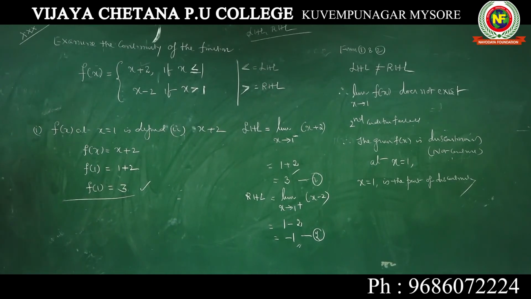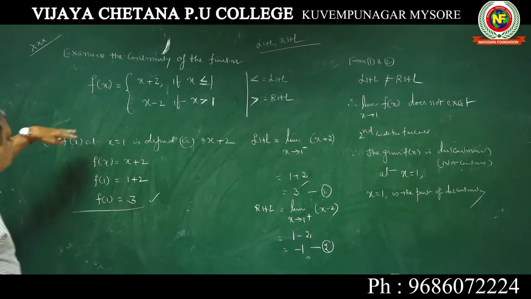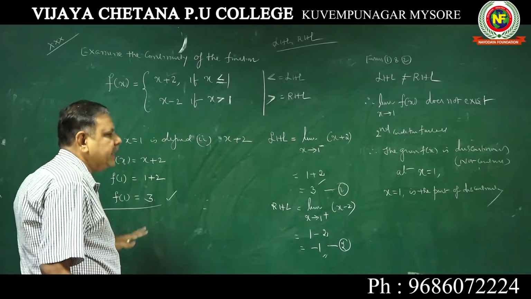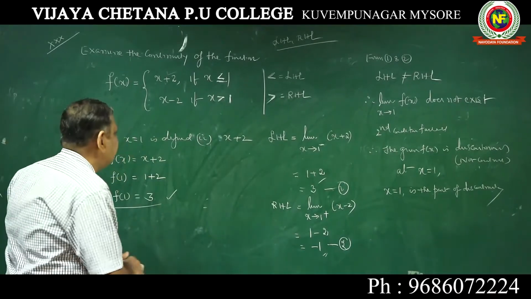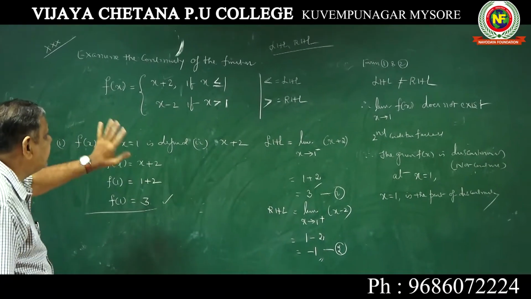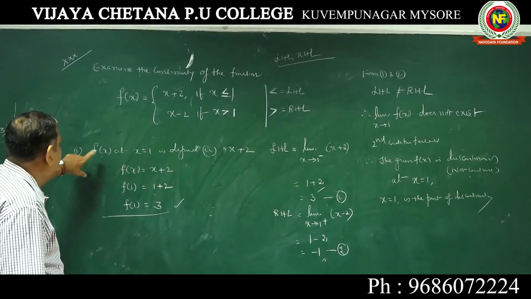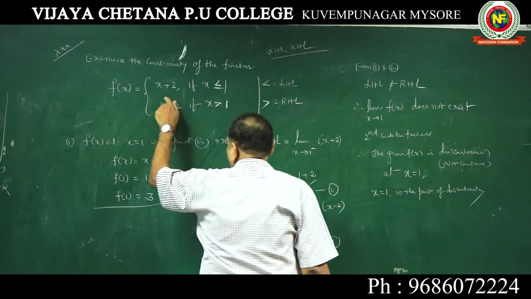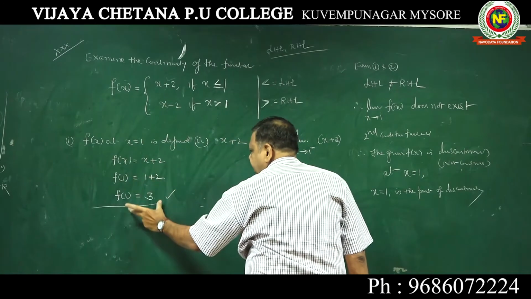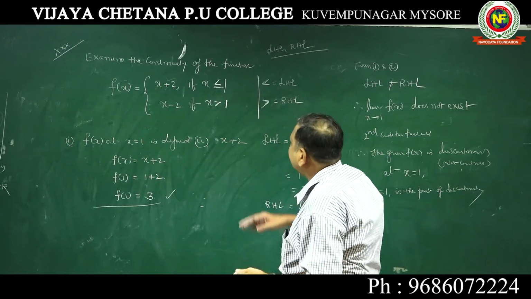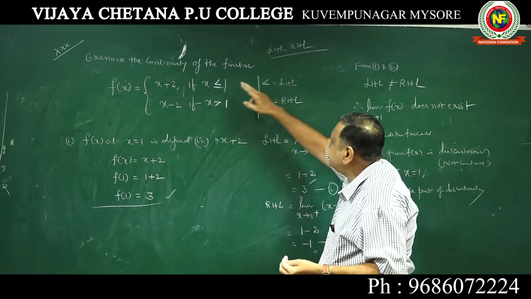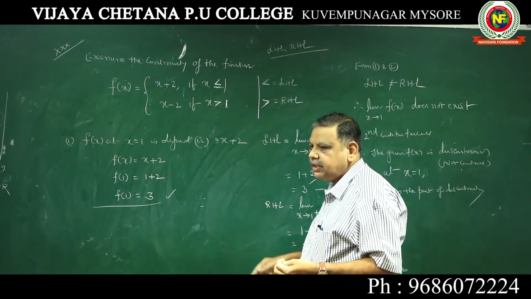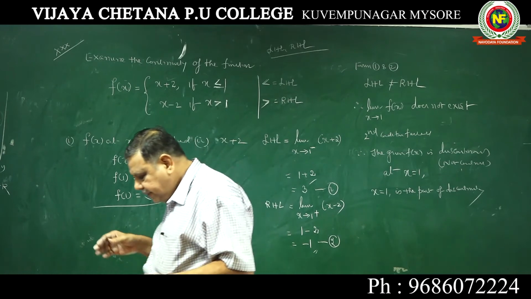So, examine the continuity of the function f of x. In these problems you must satisfy all the conditions, including directly calculating LHL and RHL. First, define f of x at x equal to 1: take the function where the equal to sign is given and put f of 1. Now the second condition: because less than and greater than are given, your limit should exist.